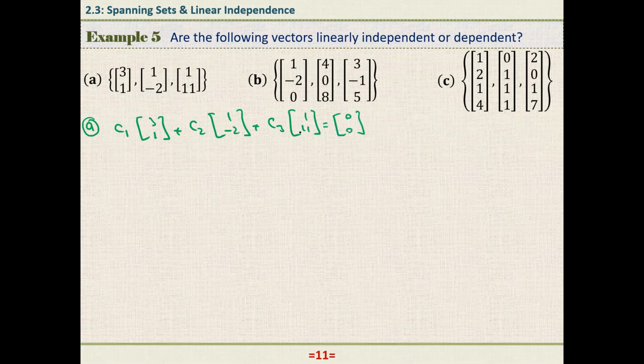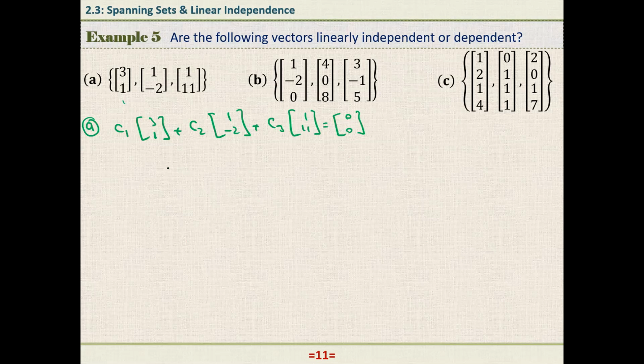Can we find such numbers c1, c2, c3, at least one of them not equal to 0, so that the linear combination of these vectors is equal to the 0 vector? If so, these vectors are linearly dependent. Otherwise, if the only solution of this system is the 0 vector, that means c1, c2, c3 are equal to 0, and these vectors are linearly independent.